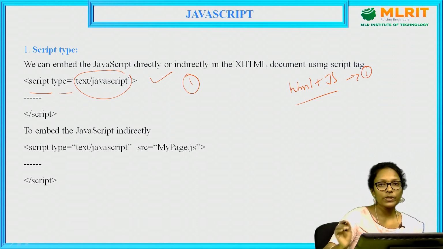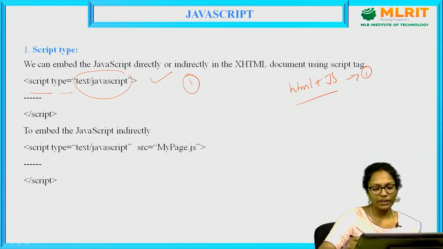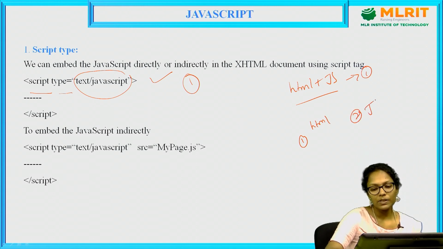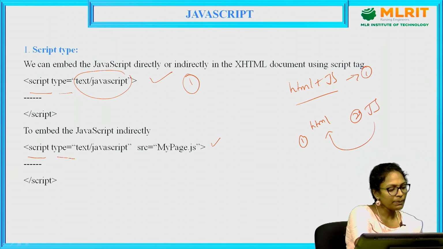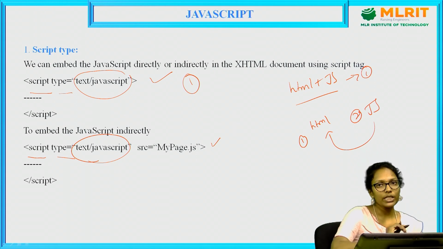But coming to the second one, you are maintaining two different files. One is for HTML and the second file is for JavaScript. Now to link this JavaScript file into your HTML file, you use this syntax. Script type is equal to text/javascript, that is common. And what is the source? I mean, where your JavaScript file is available.